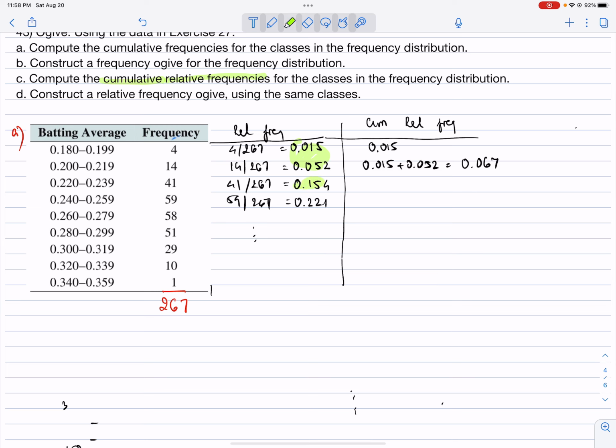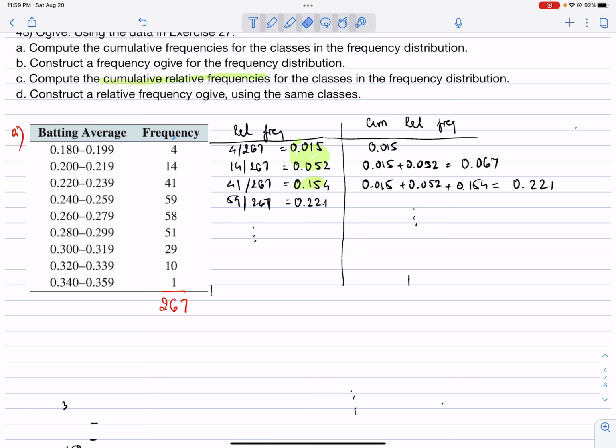Then keep adding more. So keep adding these 3 numbers together, 0.015, 0.052, and then 0.154. Then you will get 0.221, and keep doing the same thing. You notice that the last one has to be 1, okay?